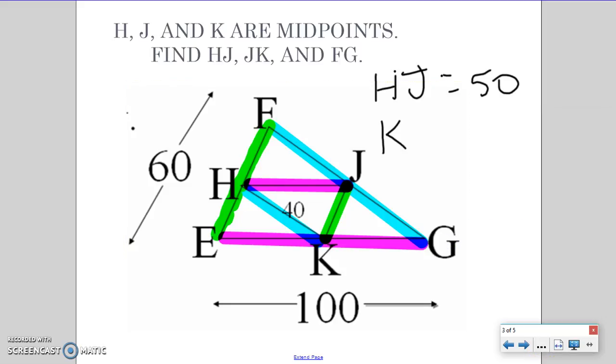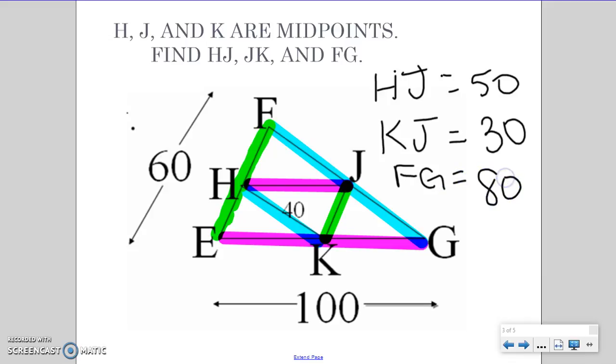Let's try this again. KJ is 30. And last but not least, I'm going to find FG. So FG is 2 times as long as HK. So I'm going to take 40 and multiply it by 2, which tells me that FG is equal to 80.